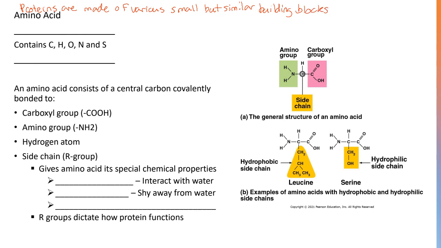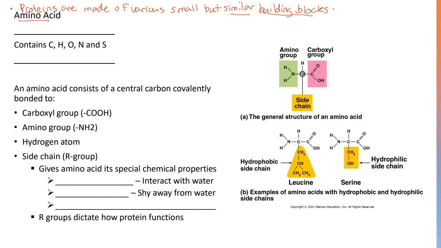And what are these building blocks? They're called amino acids. There are 20 different ones, but why similar? Because they have to be an amino acid. It cannot be a monosaccharide or something like that. That's what makes them similar.